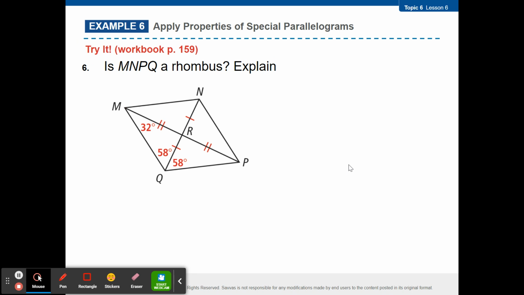They bisect each other. Well, we don't know about perpendicular. They're not telling us that. We could, because we have 32 and 58. Good catch. 32 and 58, that adds up to 90. That's right. Good job. So we do have perpendicular lines.